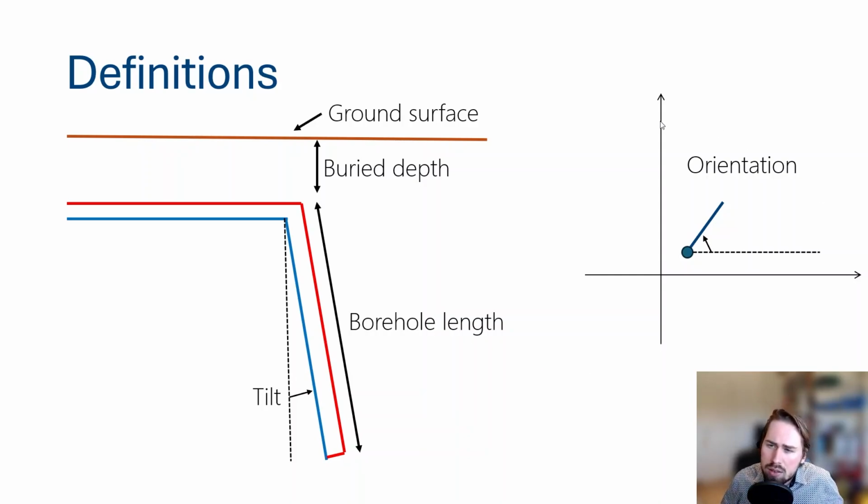Now if you take a look at this borehole from the top, you can see that we have a certain orientation in which we have drilled our borehole, which is defined relative to the horizontal line measured counterclockwise. So these are four important definitions: orientation and tilt, but also the borehole depth and the borehole length that we will need when we hop over into GHEtool Cloud.